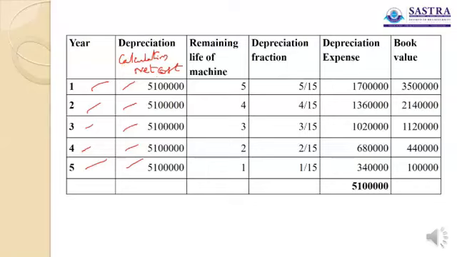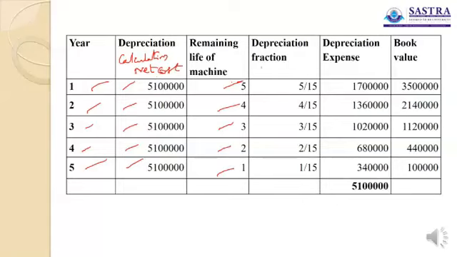Right. Next is the remaining life of machine. What is remaining life? In first year 5 years, second year 4 years, third year 3 years, fourth year 2 years, and fifth year 1 year.